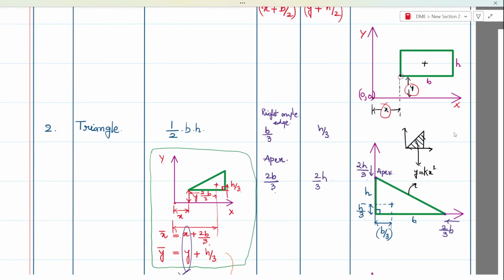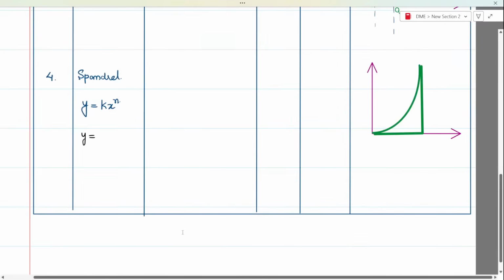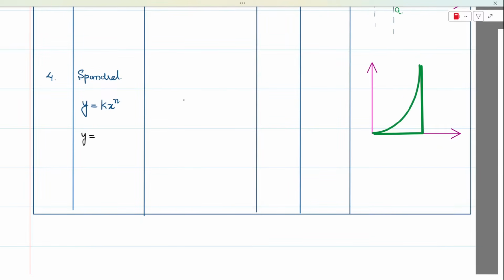And for spandrel, I will write it as base into height. This would be base and this would be height. So I would write that as 1 by 1 plus 1. This is half base into height. And this is applicable for the triangle.